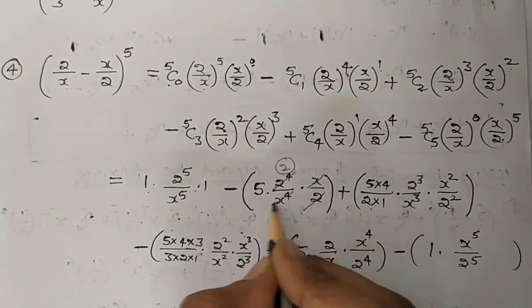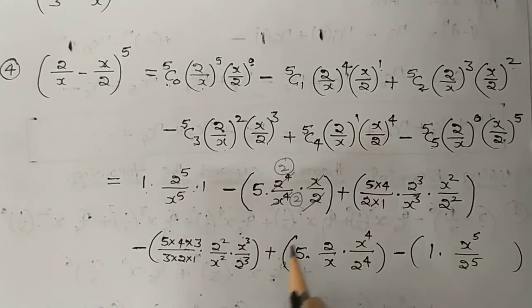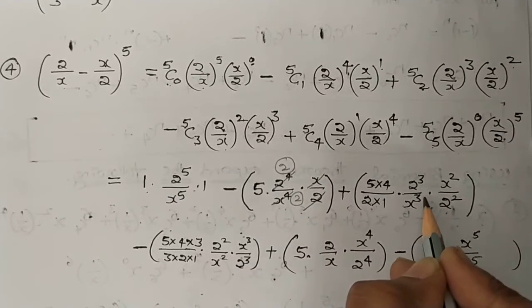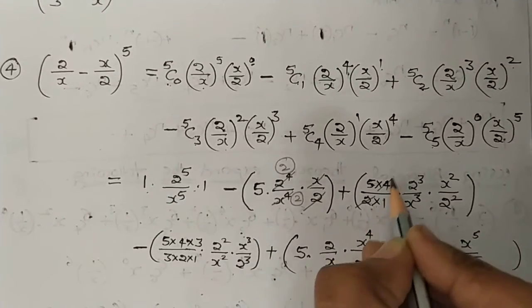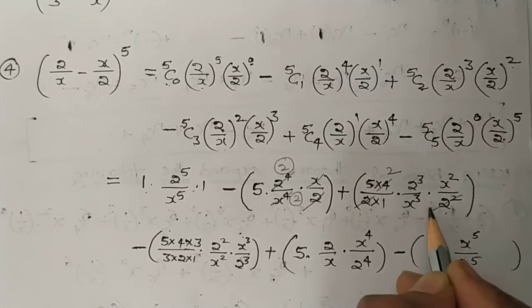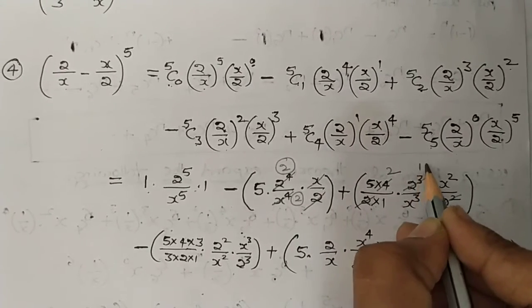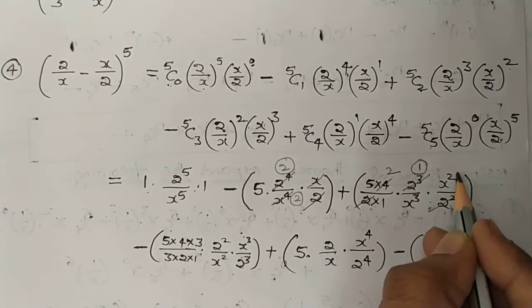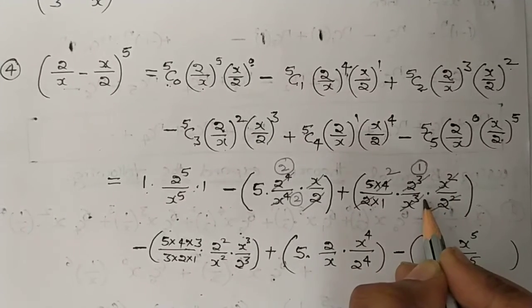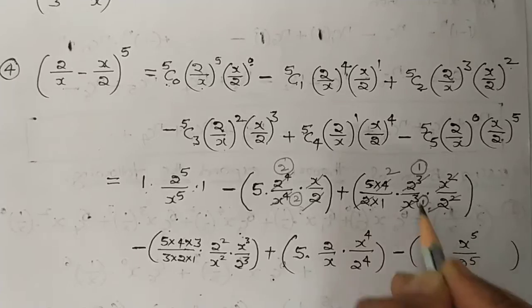Next x power 4 will cancel, x square will be there, x cube 2 ones are 2 twos are 2 square, and in 2 cube 2 square will be cancelled, 1 2 will be there, x square and x cube will get cancelled, 1 x will be there.